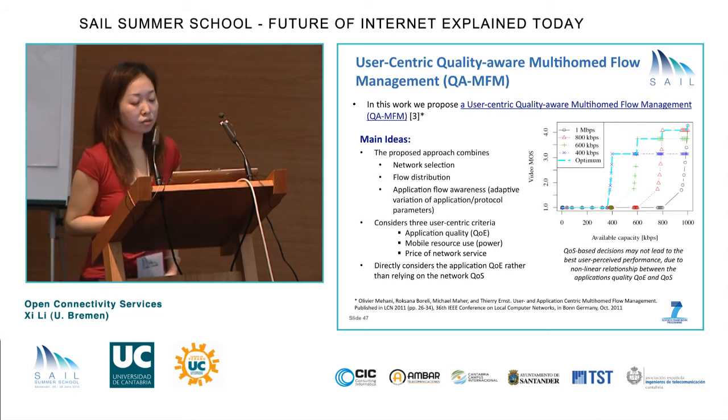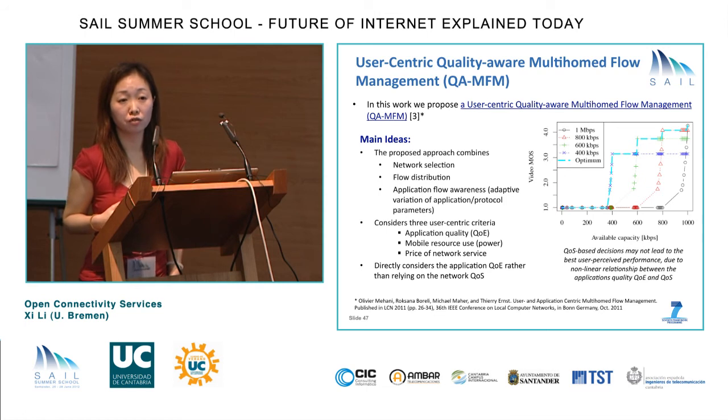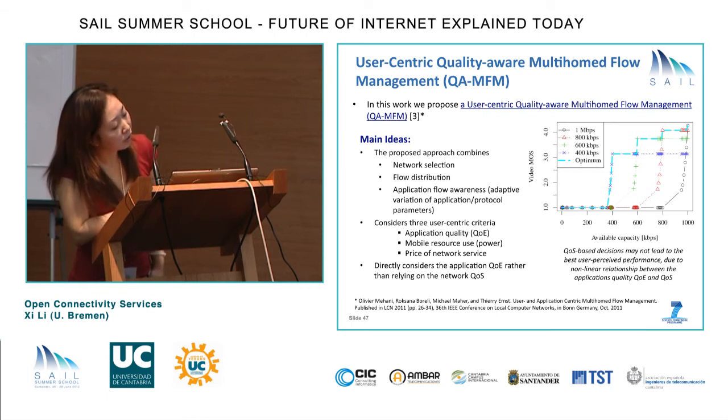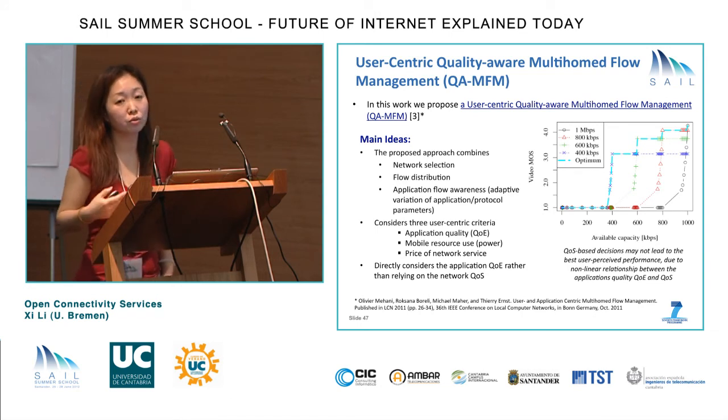Because we found out that the user quality of experience is not linearly related to the available network quality of service. For example, in this picture you see the video quality in terms of the MOS does not increase linearly with increased available network capacity. For example, when you're choosing a codec of 400 kilobit per second, you will see that wherever your available network capacity is greater than 400 kilobit per second, your quality of experience does not increase further.